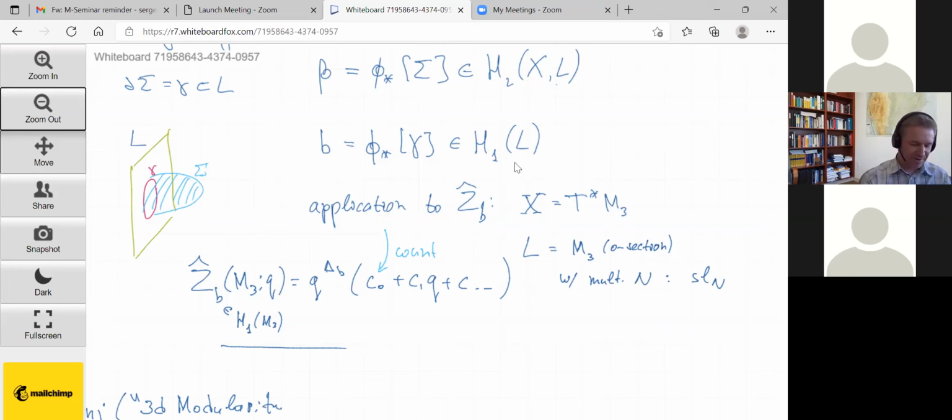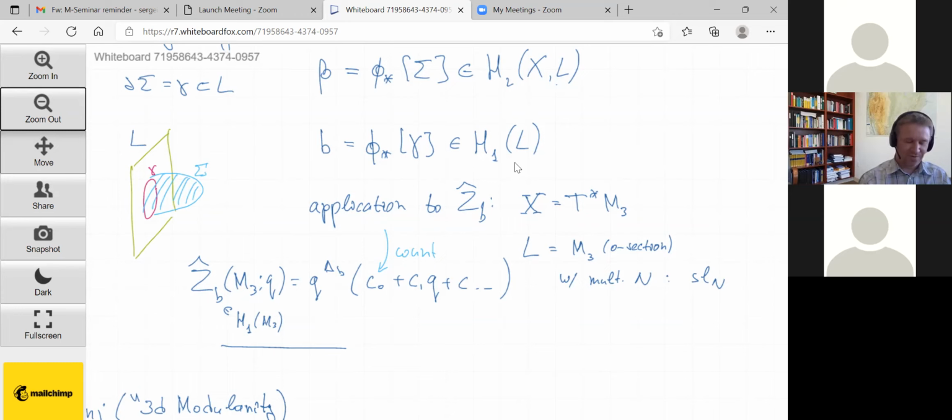Because in part it sheds light on whether this Q series has interesting modular properties as a function of Q. So the conjecture says that if you compute it for a 3-manifold as a function of Q, then the result is going to be a character of some logarithmic vertex algebra.